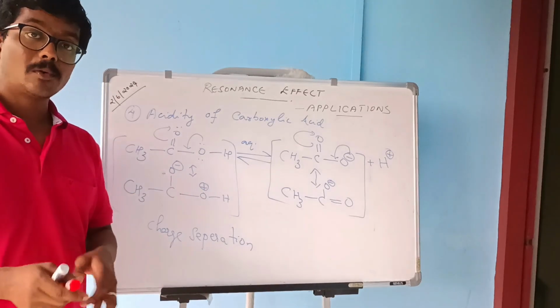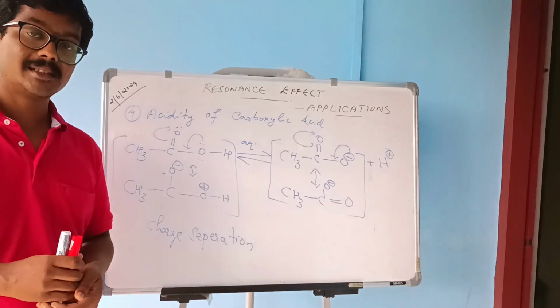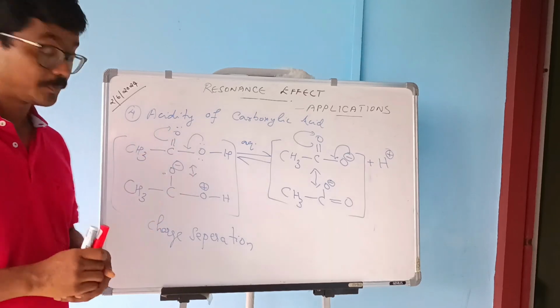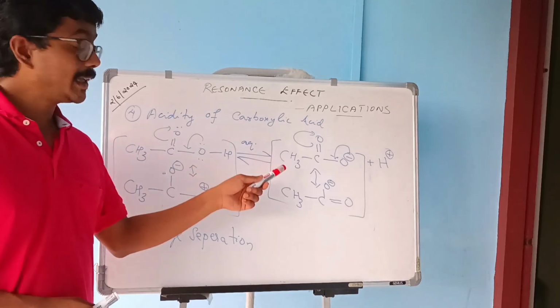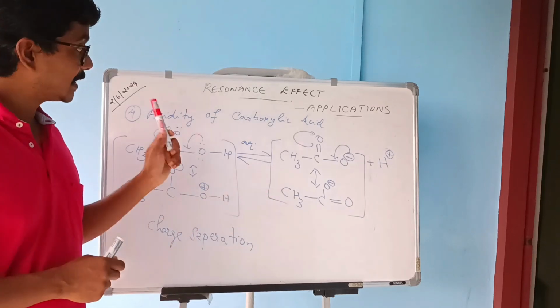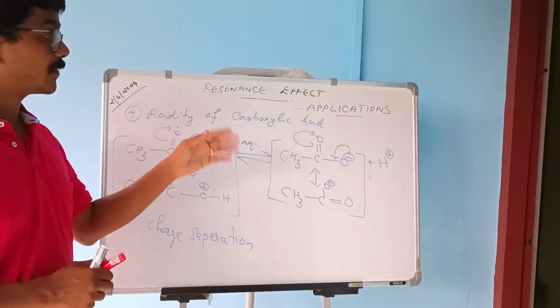Charge separation always decreases the resonance energy, and decreasing resonance energy means the compound is less stable. As a result, forming a carboxylate anion becomes very easy. Okay, so this is the explanation for the acidity of carboxylic acid.